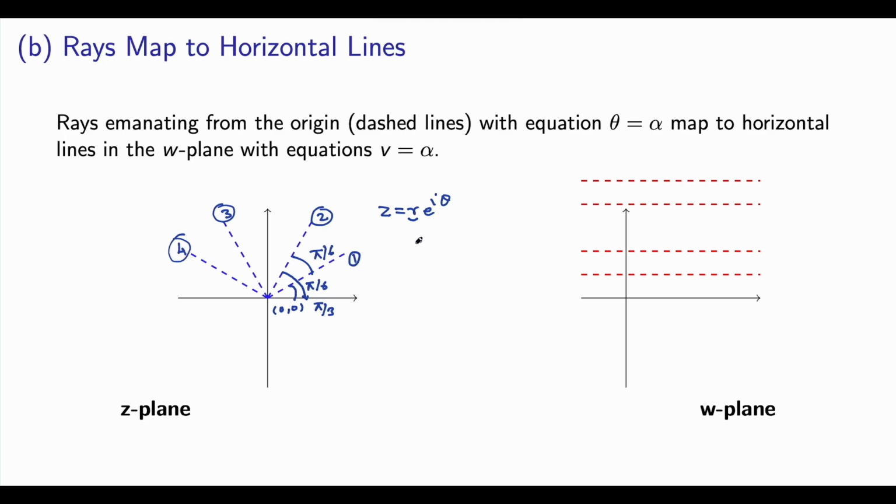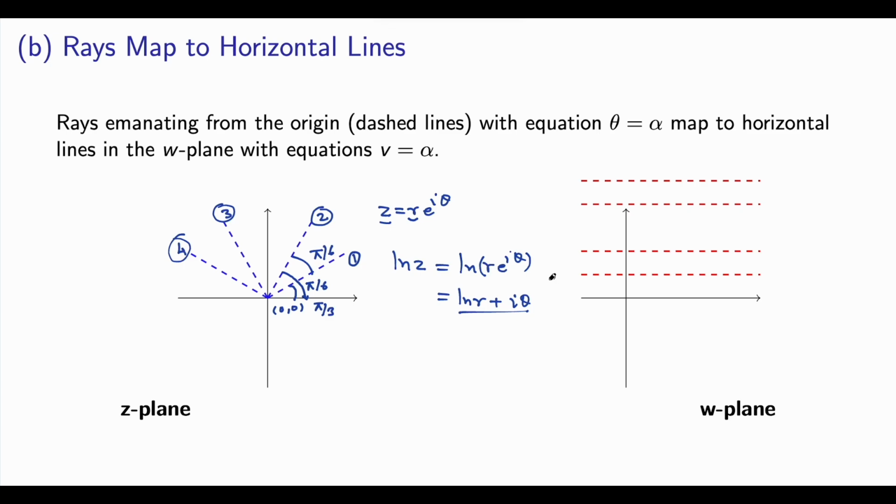When we apply ln of z, ln of r e power i theta is ln of r plus i theta, considering the principal branch.